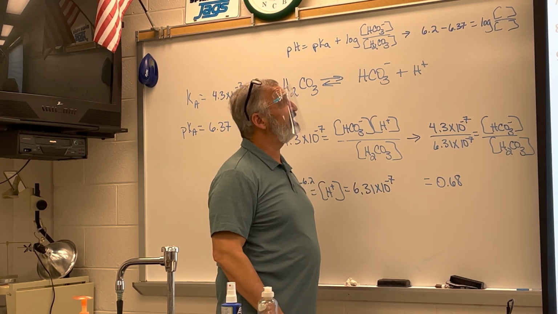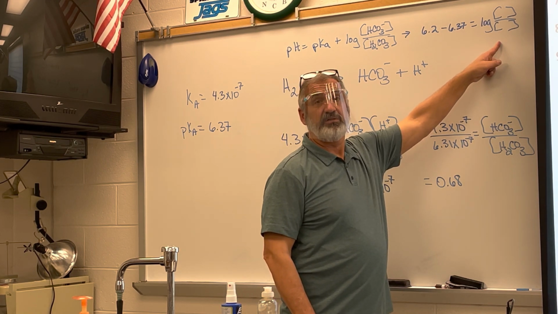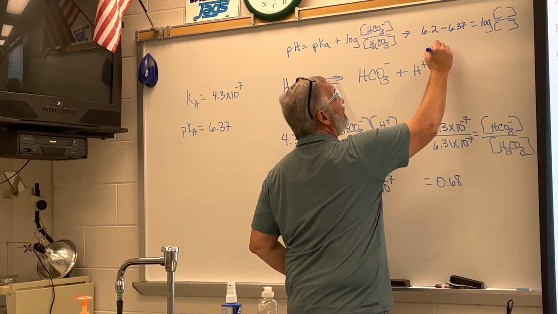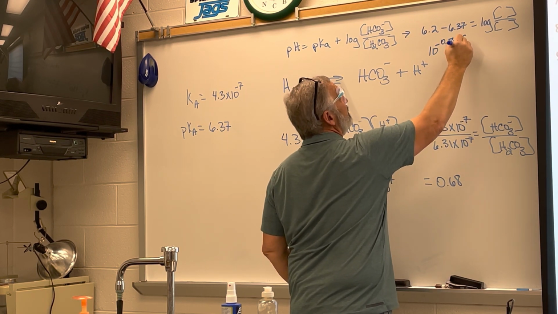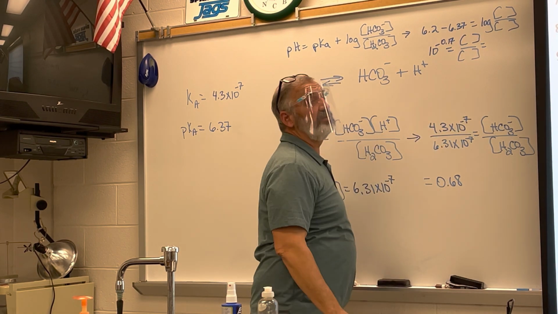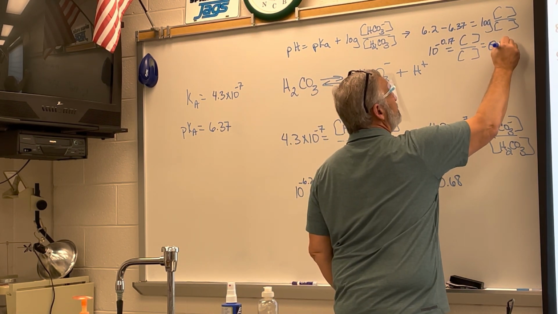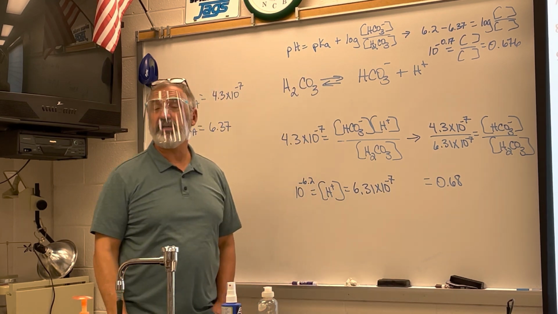So how do I find the ratio? 10 to the negative 0.17 is equal to my ratio, which is going to equal 0.676. 0.676 is the ratio that it needs to combine.